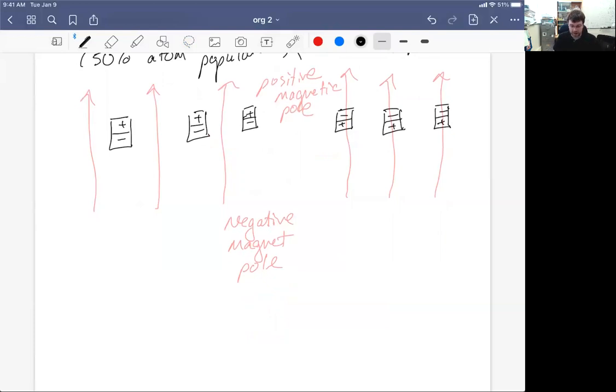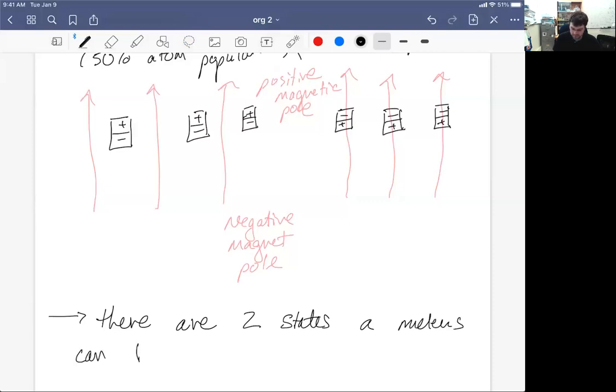Now, what's great about this is when we introduce that huge magnetic field, and only when we introduce that magnetic field, there are now two states a nucleus can be in when it's exposed to an external magnetic field.